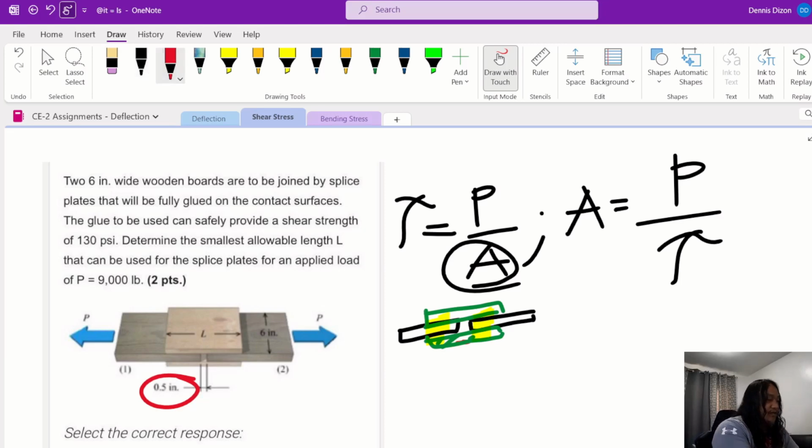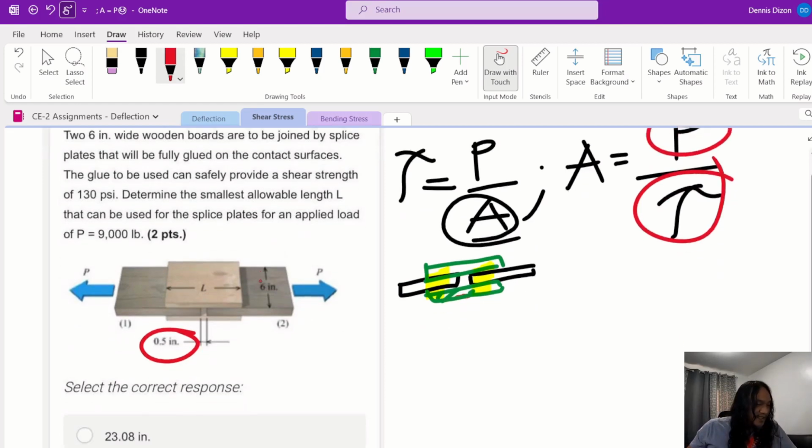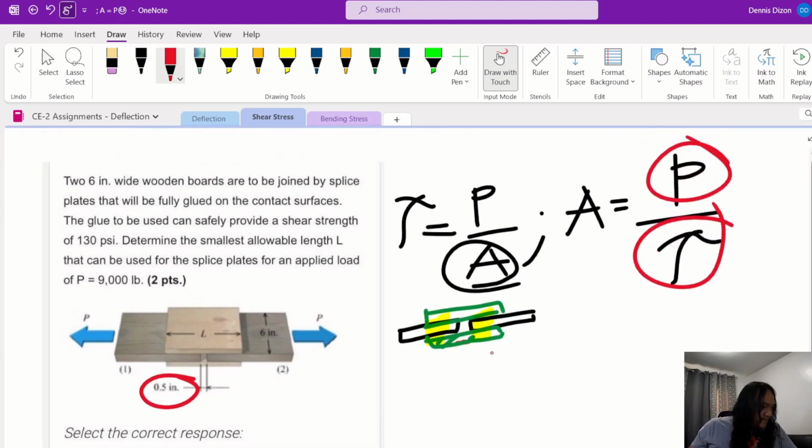We have this value, and then we have this value, which is 130 psi. So the questions are really random. Some questions are in metric, some are in imperial. So, 9,000 pounds is the force P.